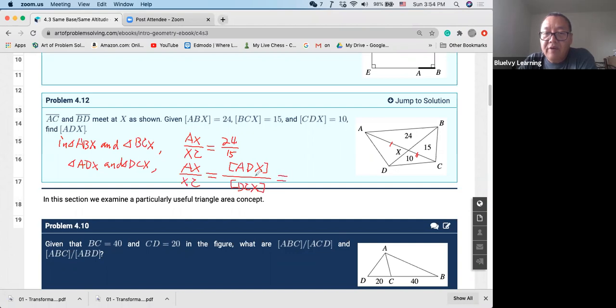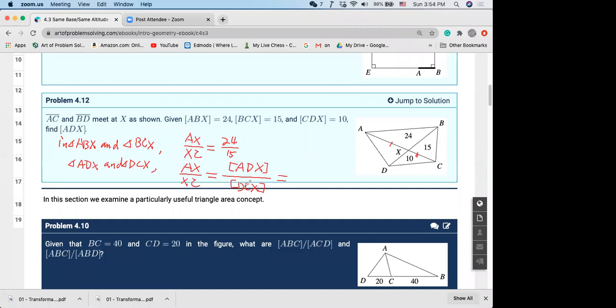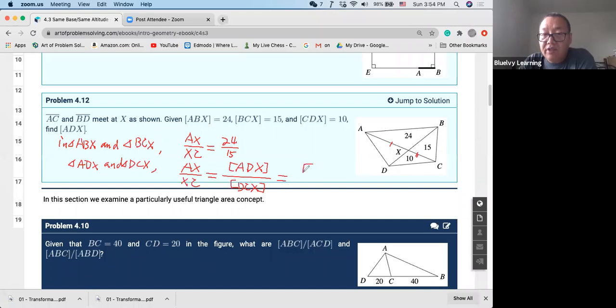So then ADX is what we are looking for. The area of DCX, they give us, is 10. So you get ADX over 10, and AX over XC equals 24 over 15. Then you can solve this equation for the area of ADX by cross multiplication, right?